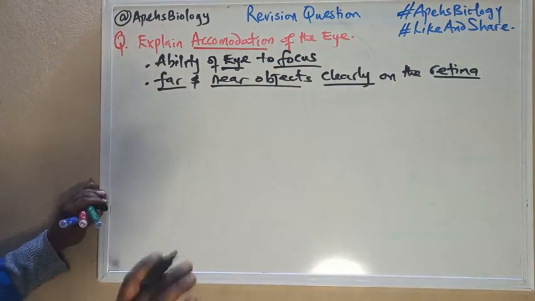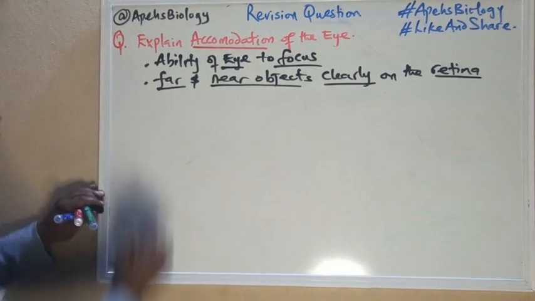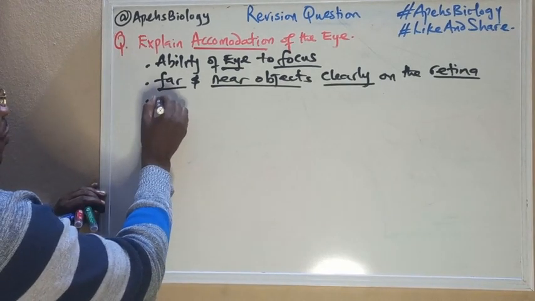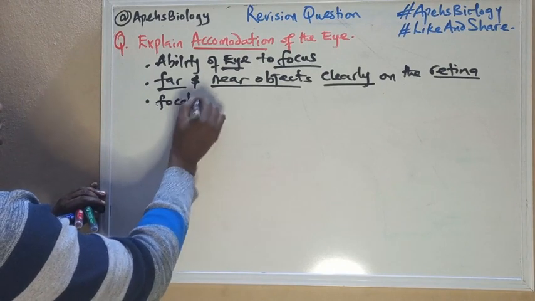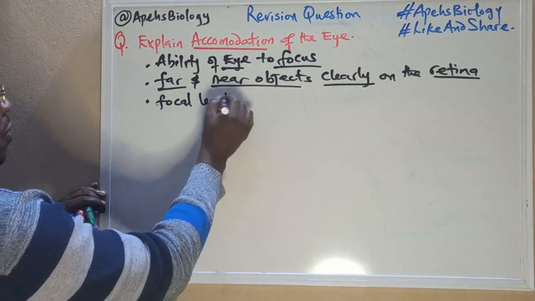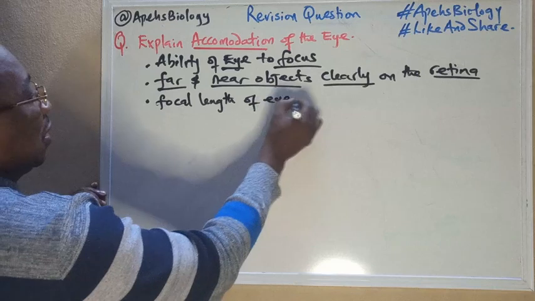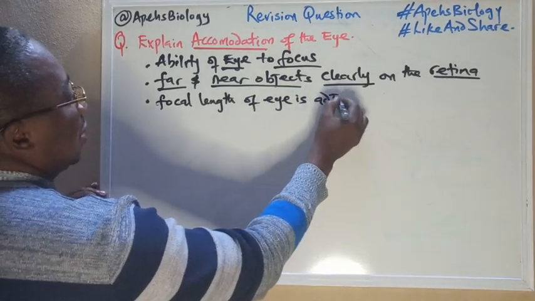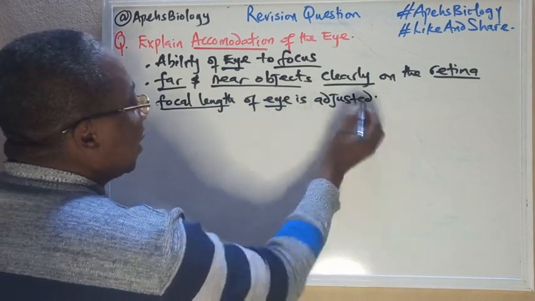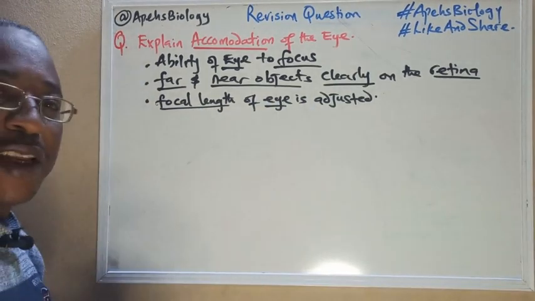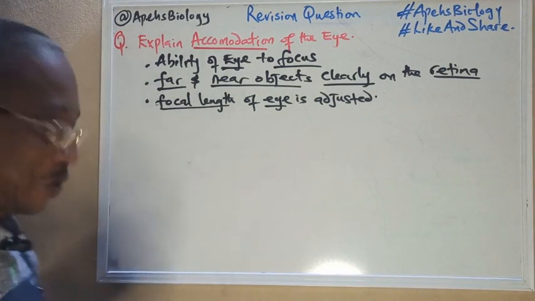That is the meaning of the word accommodation. You can now add that the focal length of the eye is adjusted. Take note of that. The focal length of the eye is adjusted. This is the meaning of the word accommodation.